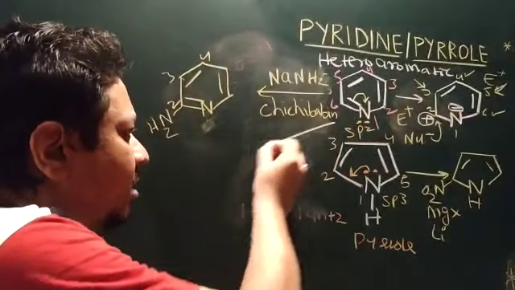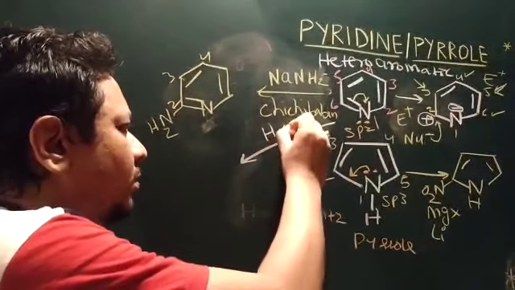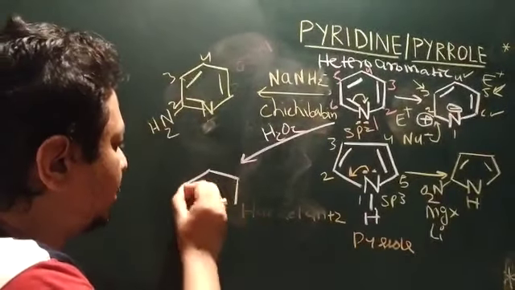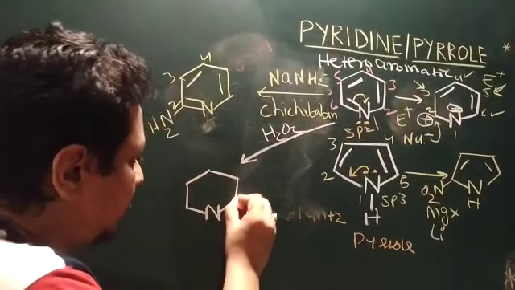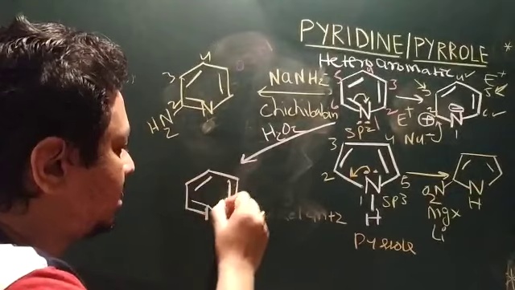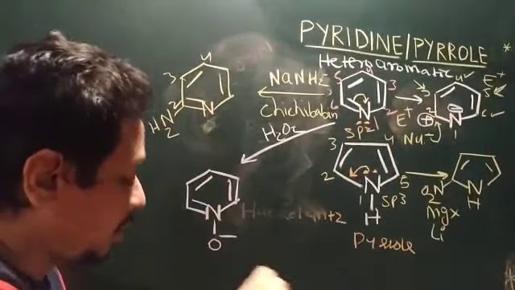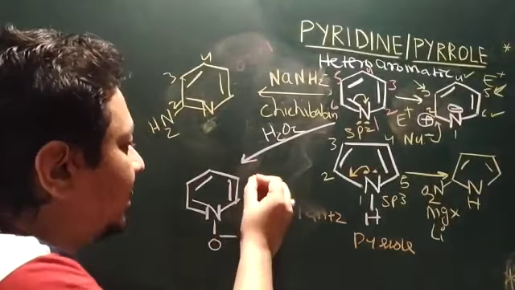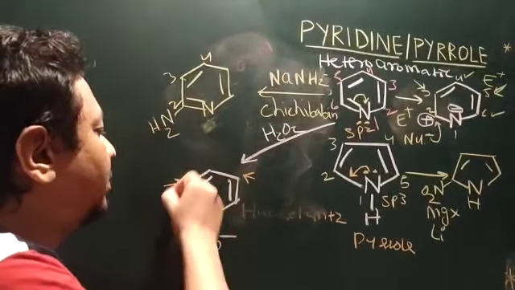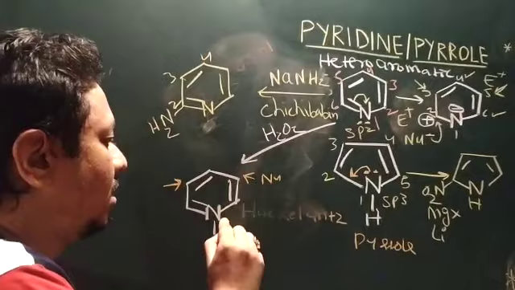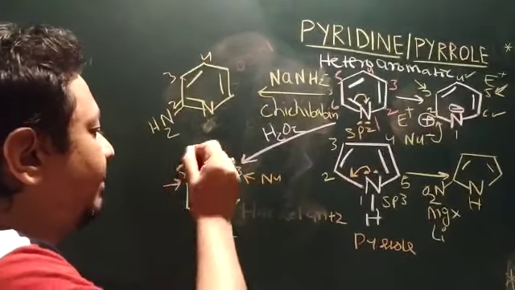But when you add H2O2, the pyridine can form pyridine N-oxide, and this changes its reactivity. Pyridine N-oxide directs the nucleophile to exactly the opposite position, that is, the 3rd position and the 5th position.